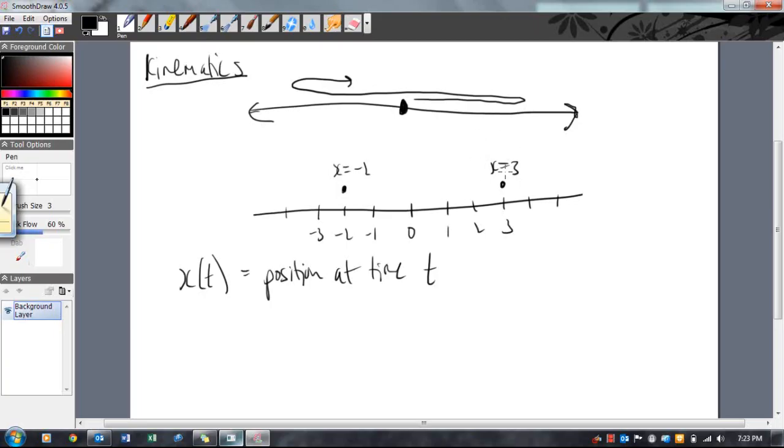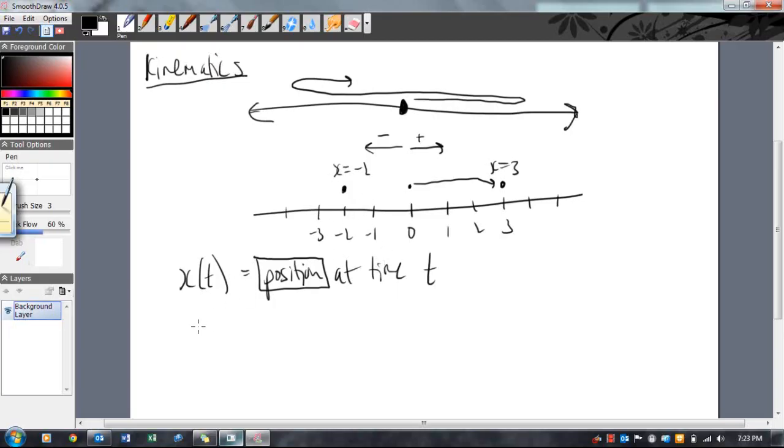So it's just its position, and its position is always relative to something, and in this case it's relative to the origin. So it's 3 from the origin, this one is -2. And just notice the direction, you've got a positive direction going that way and a negative direction going the other way. So these are vector quantities, they have direction. So that's the first thing, position is important, so x is its position.